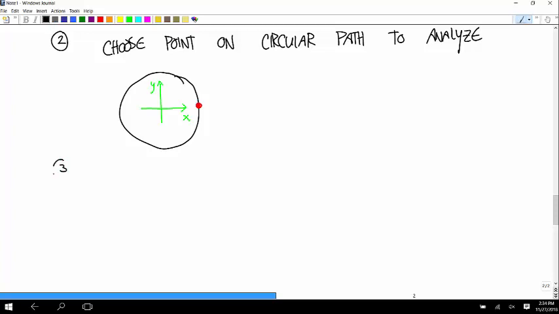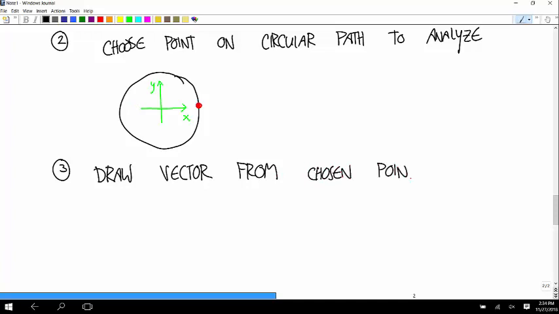Step 3, draw a vector from the chosen point toward the center.